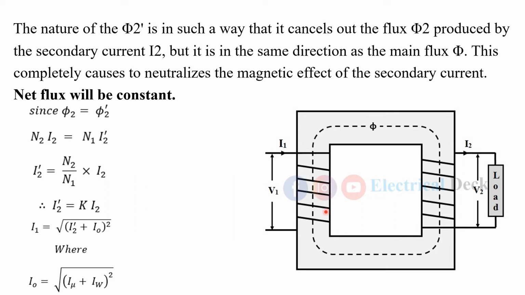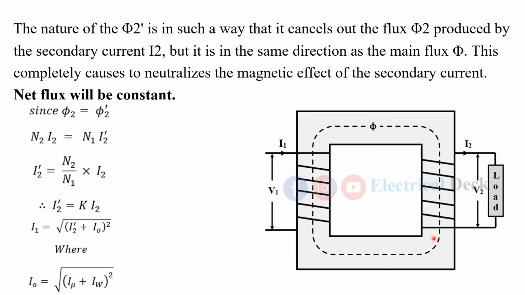Once again I would like to say, under no load condition, if we apply V1 to the primary side, then the no load current I0 will flow through the primary winding, and this will create some main flux phi in the core. An EMF E1 will be induced in the primary side, and if we connect some load to the secondary side, whatever be the load, secondary current I2 will flow.